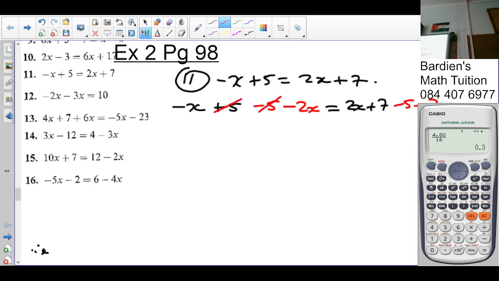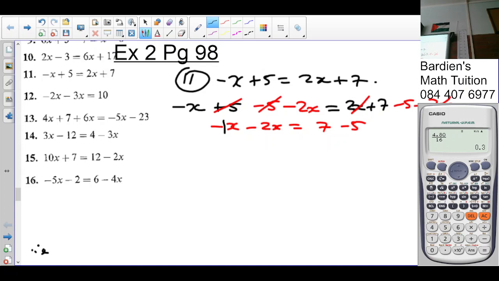That cancels. So you got negative x minus 2x is equal to 7 minus 5. Is that what you must have at this point? Correct? How do you get 5x? What is minus x minus 2x? What number is in front of this x?